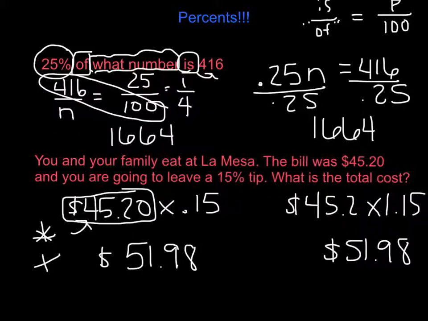Actually, let me grab a calculator real quick and show you what that's going to be. So you would punch in 45.2 times 0.15, and the tip is going to be $6.78. So that's your tip. And then you have to take your $6.78 and add it to your $45.20.